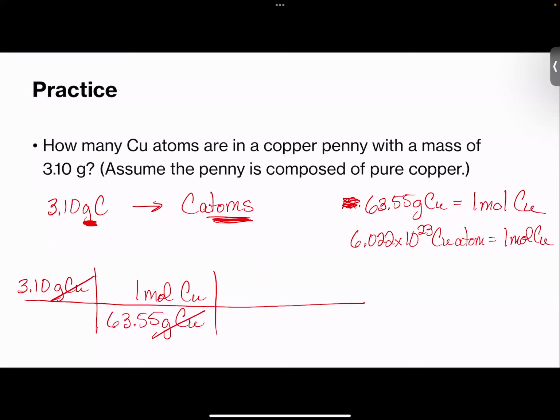So I'm going to now use the second conversion factor. The mole of copper is going to go in the denominator because I got to get rid of it. And that's going to put the 6.022 times 10 to the 23rd copper atoms in the numerator.